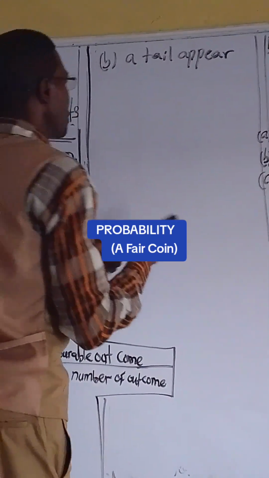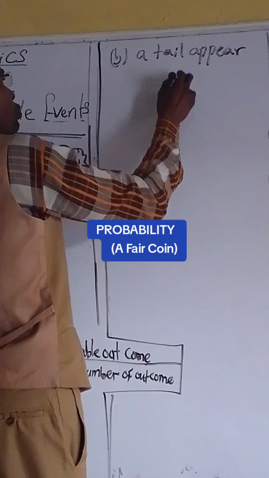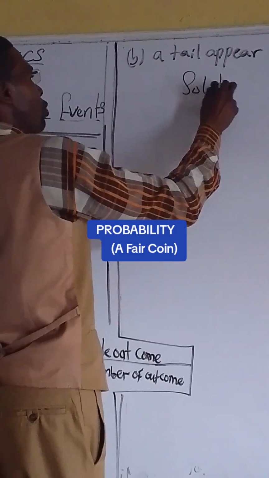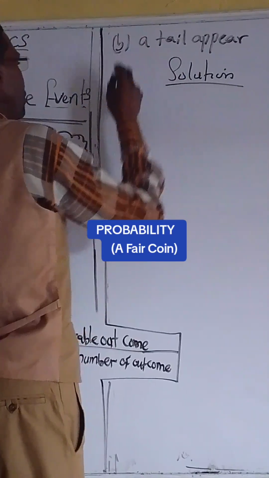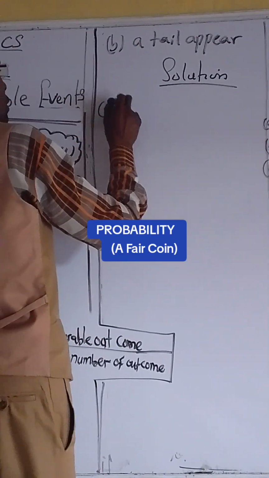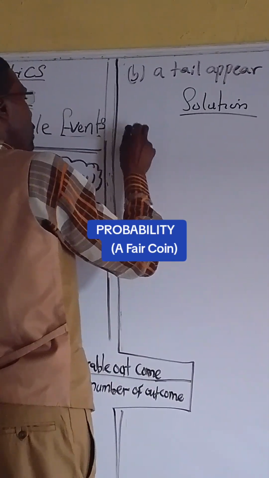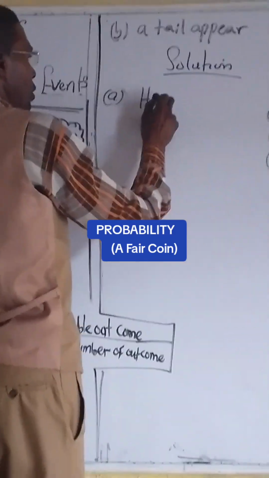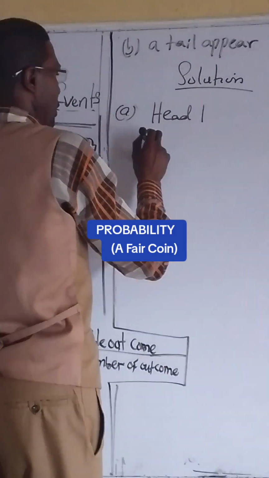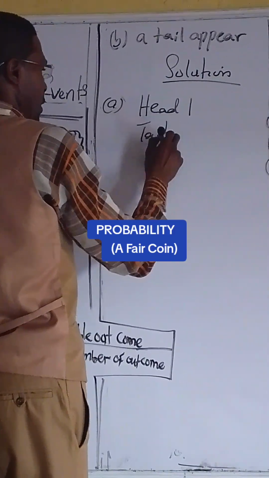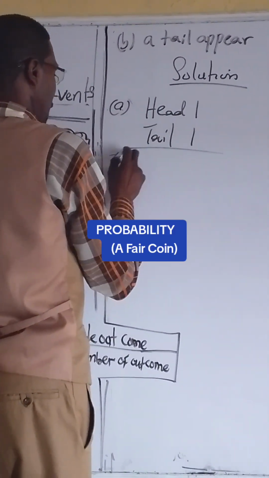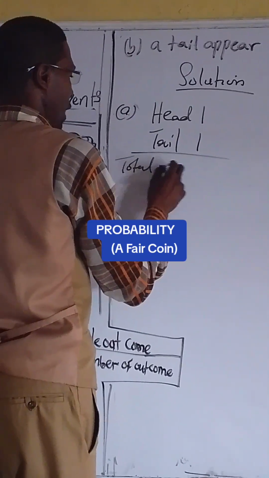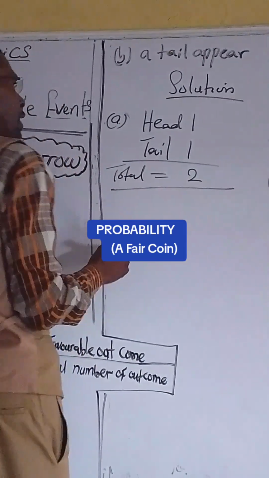It's very simple. We will start from the simple to the complex. Solution. Number A: before we solve it, we have head, which is 1, and tail, which is also 1. So the total is 2.